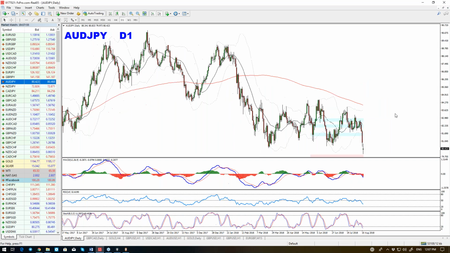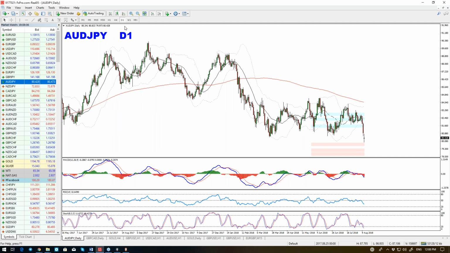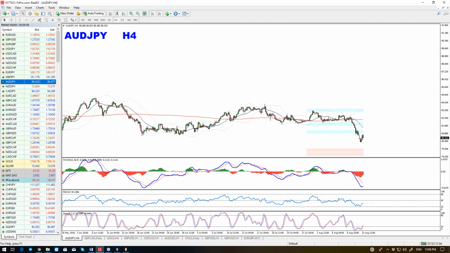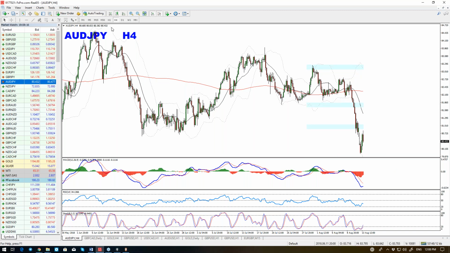That's a weekly, sorry. Daily possibly will create a divergence as well, but MACD still goes down. No slowdowns. 4 hour does not have any divergence. Therefore, Aussie yen is still bearish for us. Sell the rallies. It's still the plan. So that's all.